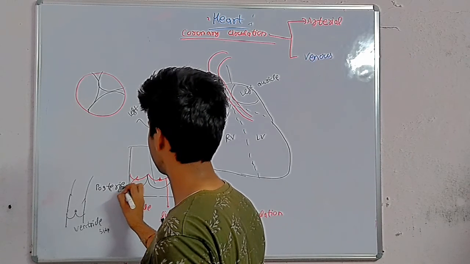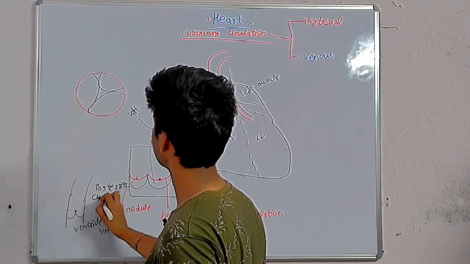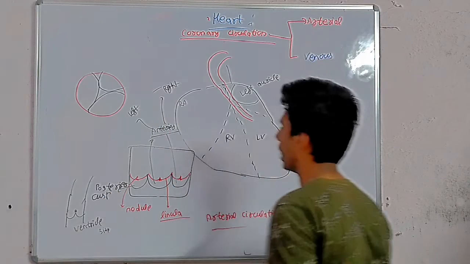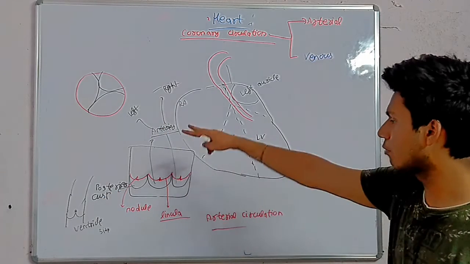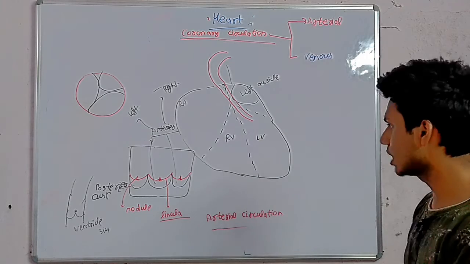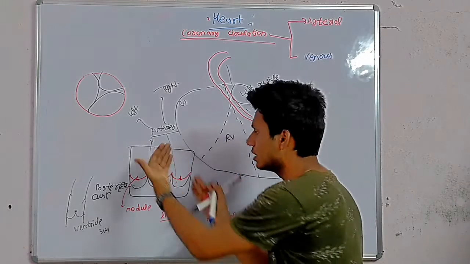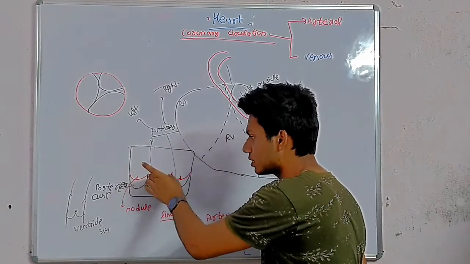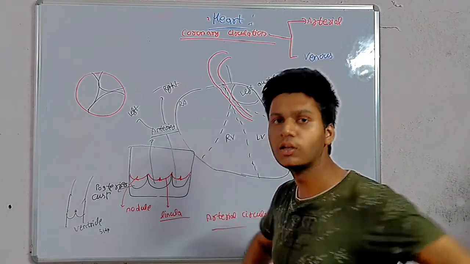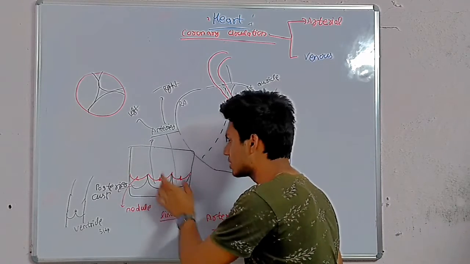So we have three cusps: the left anterior, right anterior, and posterior cusp. If we open the artery and see from this side, these are thin bag-like structures, like a kangaroo bag.